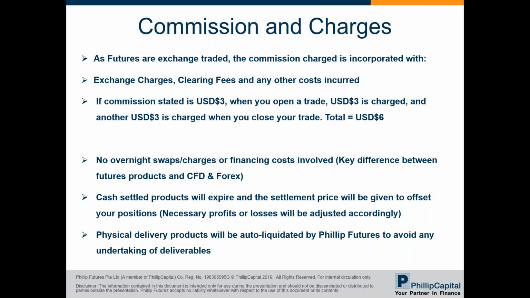For example, if the commission stated is $3, when you open a trade for one lot, $3 will be charged, and then another $3 when you close the trade. So the total will be $6. It's not only the $3, it's $3 when you open and then close. So the total round trip will be $6.